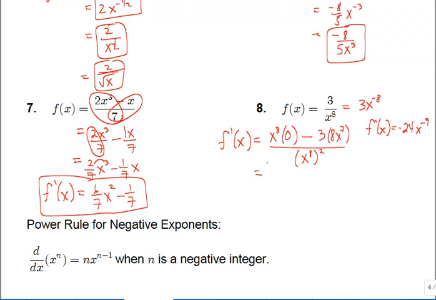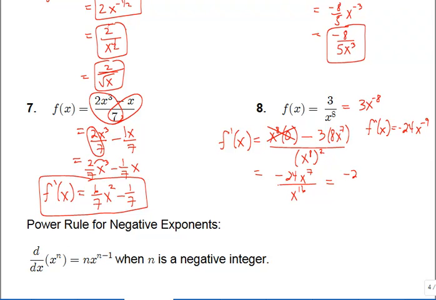Now when we go to simplify this, 0 times x to the 8th, that's just going to be 0. So the numerator will be -24x to the 7th over x to the 8th squared. That's a power to a power, so you multiply these two powers. So 8 times 2 would be 16. And then we can use our laws of exponents again to subtract these two powers.